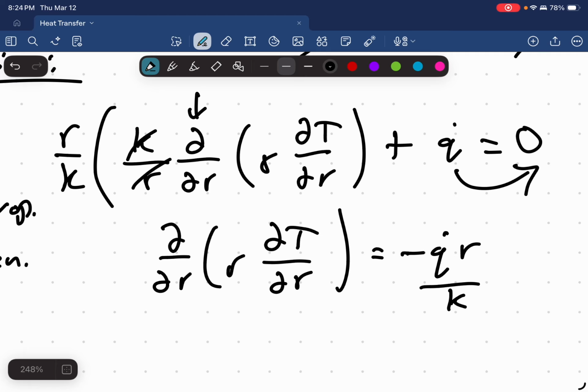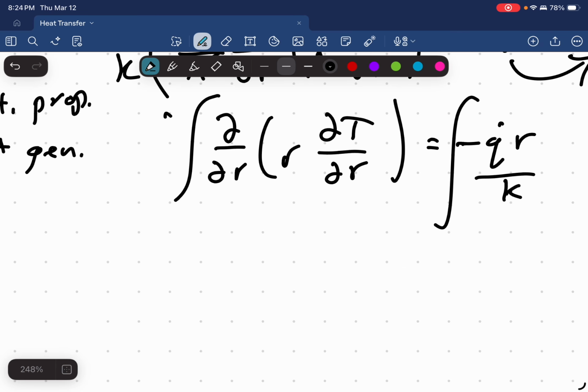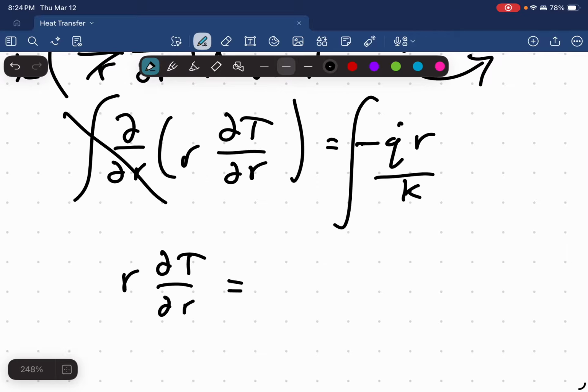Now, to cancel out this partial derivative, we'll do the integral of both sides. And this cancels. We have r dT over dr equal to negative q dot over k, and then the integral of r.